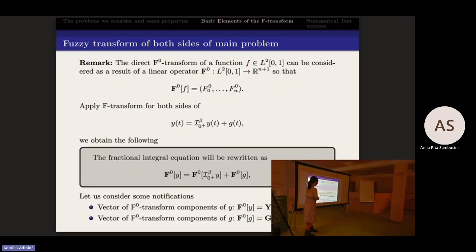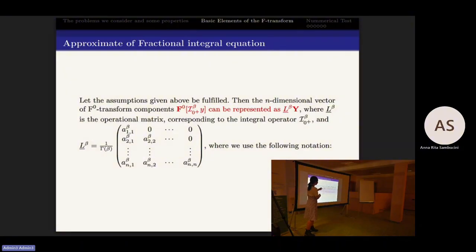So our purpose here is to transform this fuzzy transform inside, and here we can represent this term by the multiplication of the matrix and data with the fuzzy transform of the unknown function.